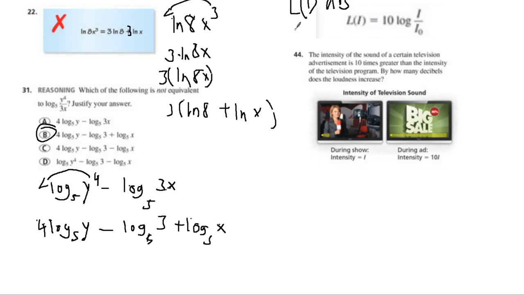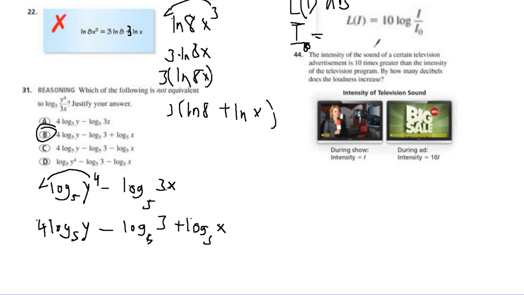It looks like this, and then I is intensity. This is I actually. I of O is intensity, I think, yeah.